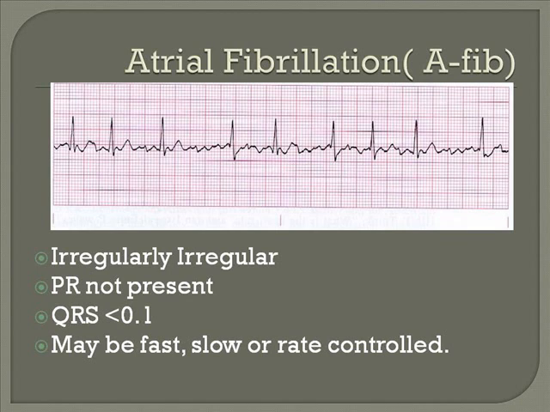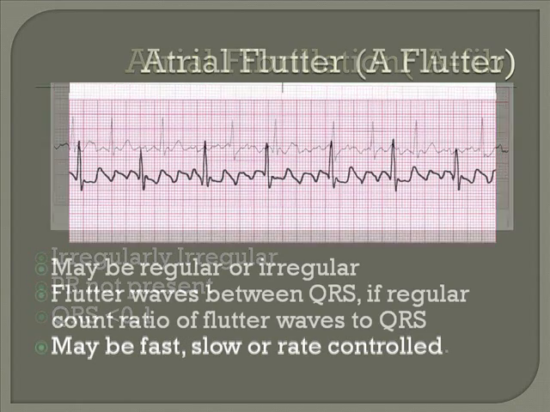Again, this is a very common dysrhythmia, and people can live with it for decades as long as they have good rate control and some type of anticoagulation or blood thinner on board. This has other issues associated with it, but I will not get into those in this particular presentation.